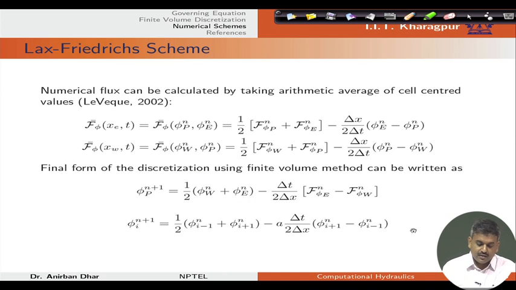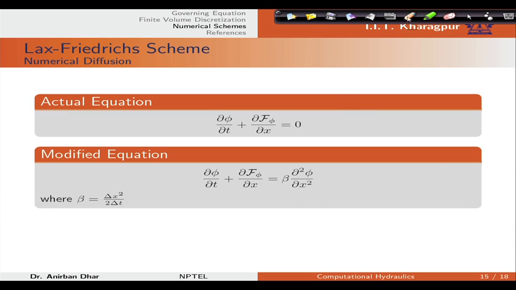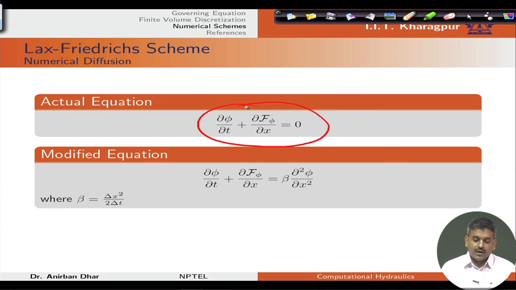Now, with this again we can write it in i minus 1, i plus 1 format. If we see our actual equation, then this is our actual equation, but virtually what we are doing is adding some extra second order diffusion term here in the Lax-Friedrichs scheme for stabilization.